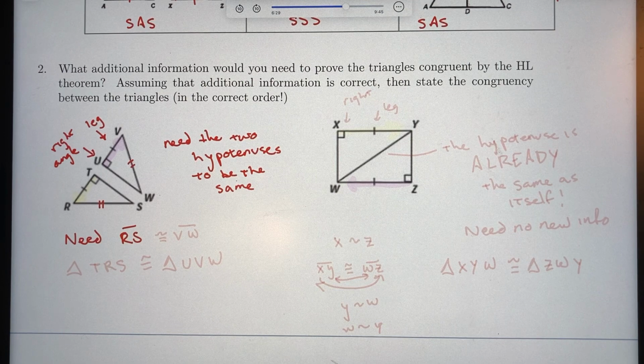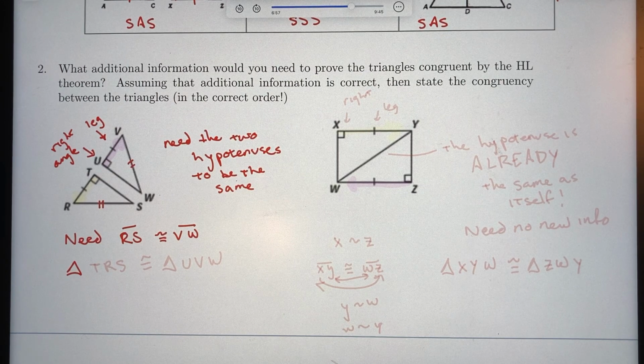Let's see, R is attached to the single line, to the line that had a hash mark to begin with. So it would correspond to V, and then S corresponds to W. Okay. So then the congruency is in order.